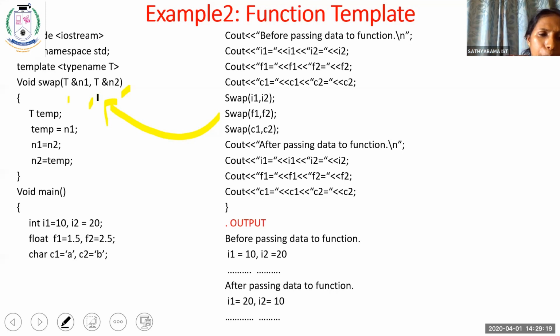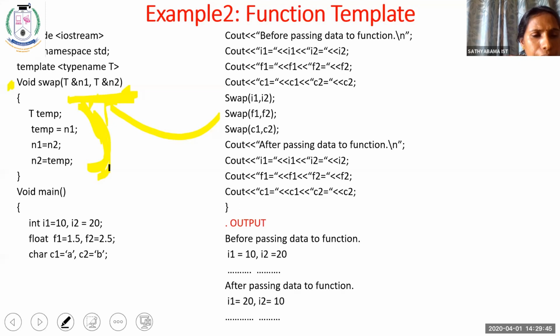Now after performing this swapping process, it won't return any value. That is why the return type we gave is void. Why won't it return any value? We don't need to return because it is a call by reference method. Call by reference means that if you do any modification in your formal parameter, it will be reflected back in your actual parameter.